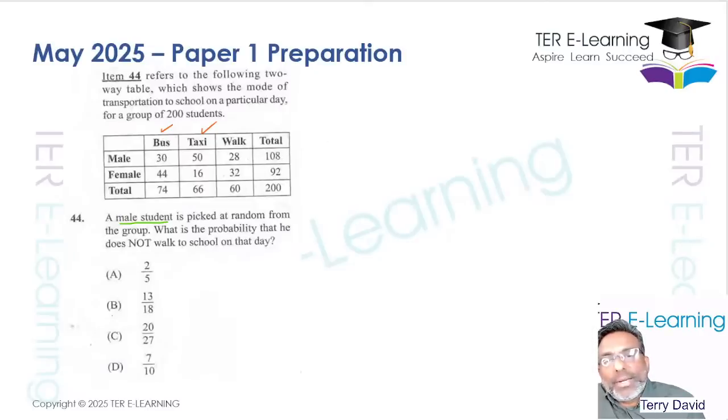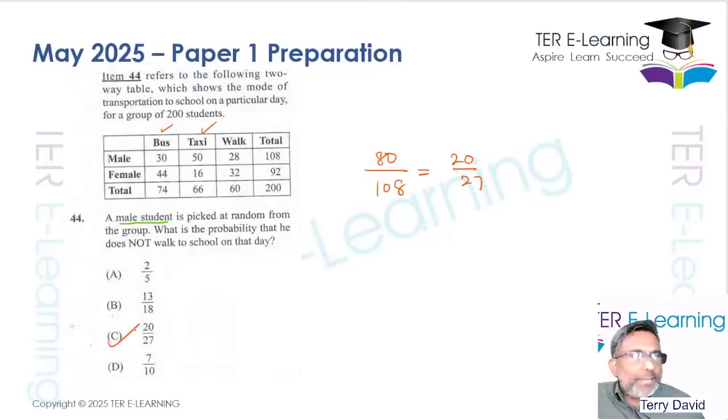So 50 plus 30 is going to be 80. So 80 would be bus or taxi, and that is out of 108. It's not going to be out of the 200 because they said a male student is picked at random. When you reduce this, you're going to get 20 over 27. So the answer is going to be C in this case. Okay?